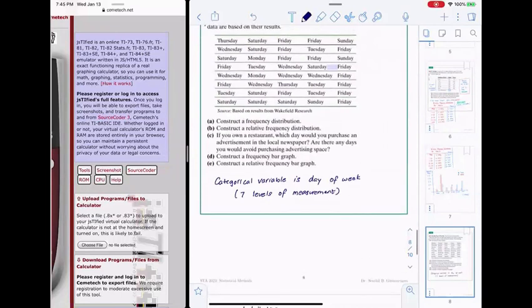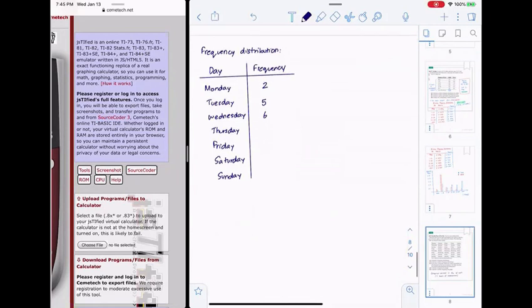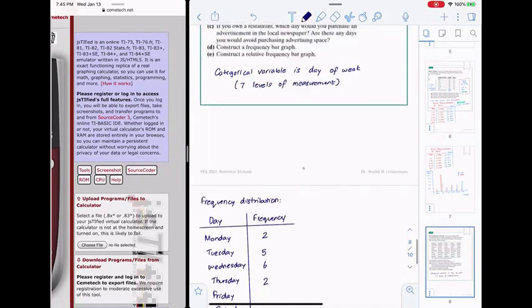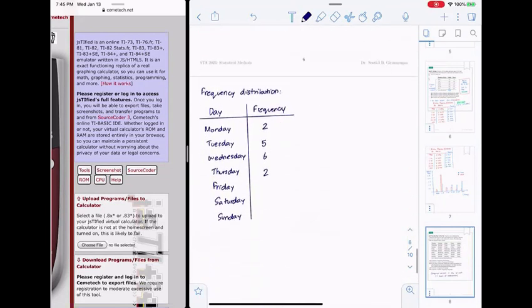Thursday 1, 2, surprisingly only 2. Friday we have 1, 2, 3, 4, 5, 6, 7, 8, 9, 10, 11, 12, 13, 14.